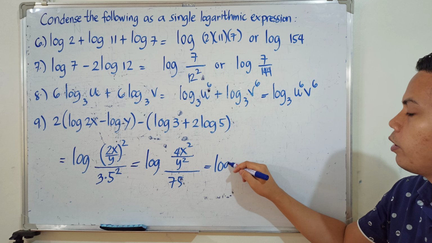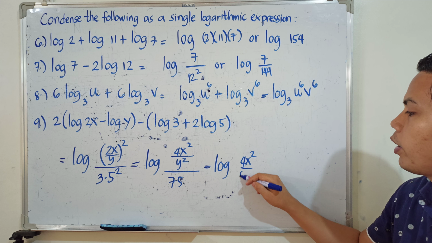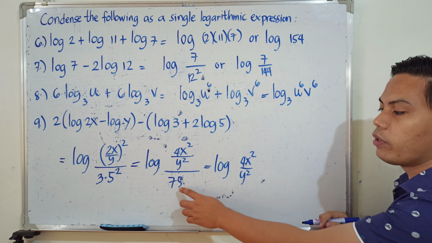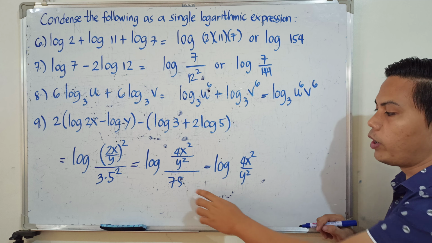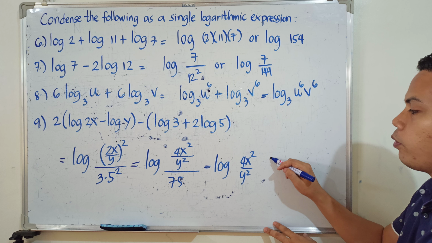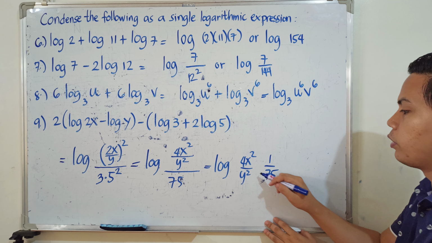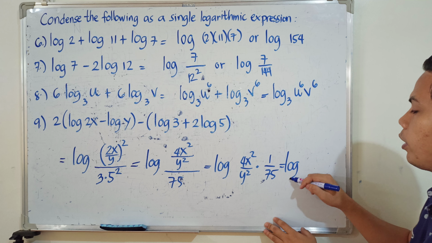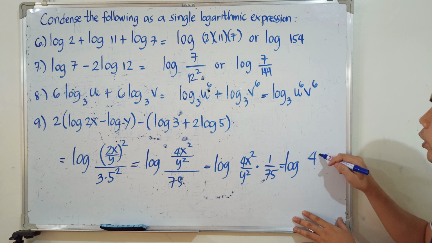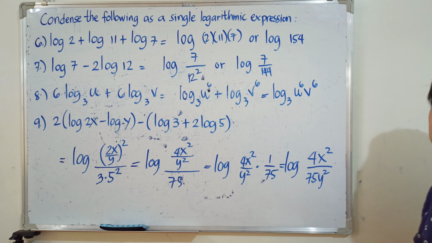We have the logarithm of 4x squared over y squared. Now we can write this one as a reciprocal. So 75 over 1 can be written as 1 over 75. Then proceed tayo sa multiplication. So our final answer would be the logarithm of 4x squared over 75y squared.